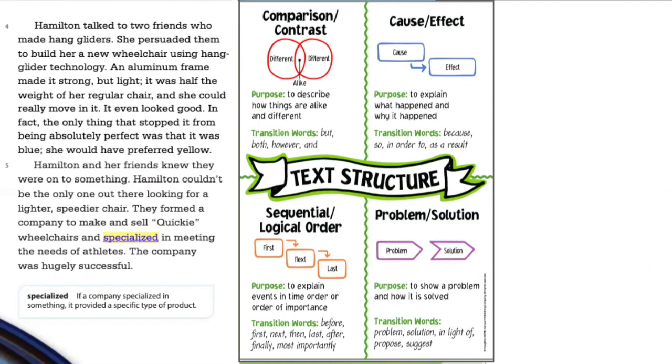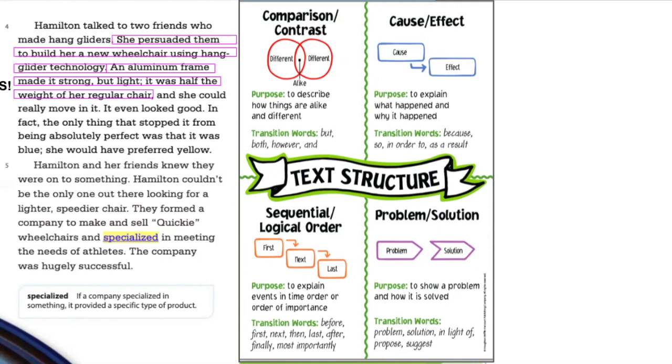In this paragraph, I read how Marilyn persuaded her friends to build a new wheelchair made from hang gliding aluminum parts, which will make it lighter. The wheelchair her friends built was half the weight of the regular chair. This is the solution to the problem she was faced with in paragraph 3 about the steel wheelchair frame being heavy.